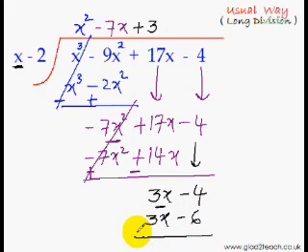This is plus 3x, it will become minus 3x. This is minus 6, it will become plus 6. These terms cancel out. This is minus 4 plus 6, which is plus 2. And finally we have solved this question. So whatever is left here will be the remainder.